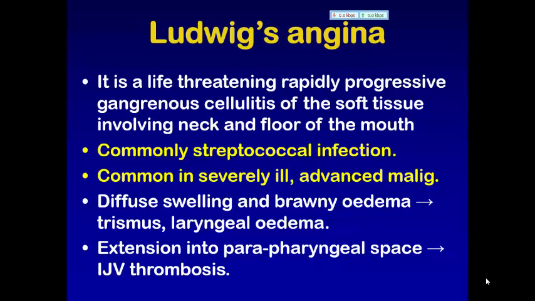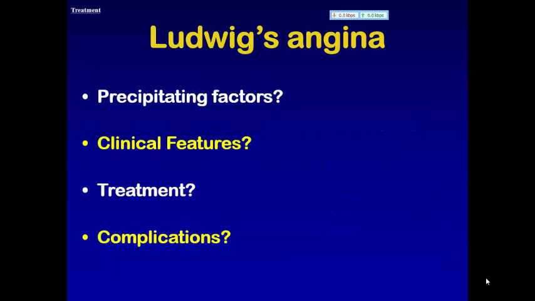The precipitating factors of Ludwig's angina include caries teeth, oral or other malignancy of the oral cavity, submandibular salivary infection or calculi, chemotherapy, and chronic diseases like diabetes mellitus, and cachexia of any cause.